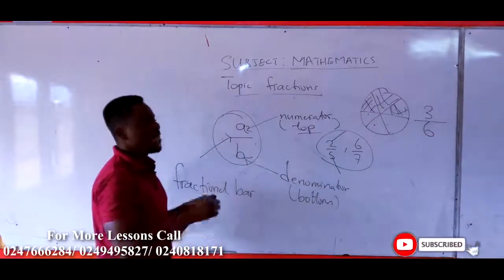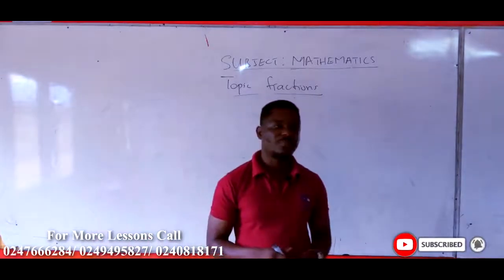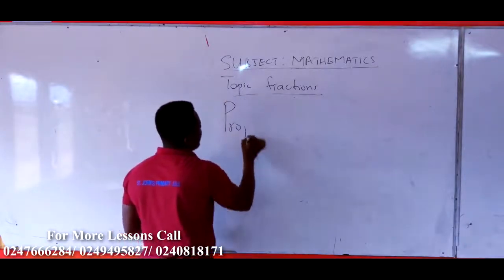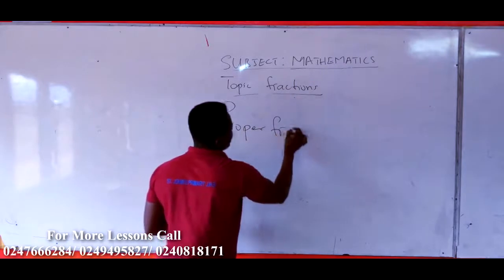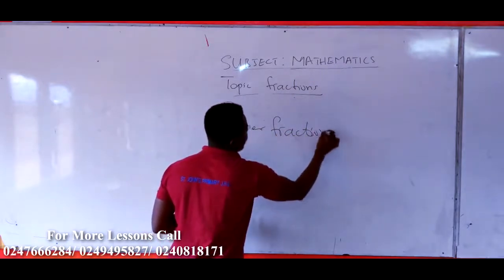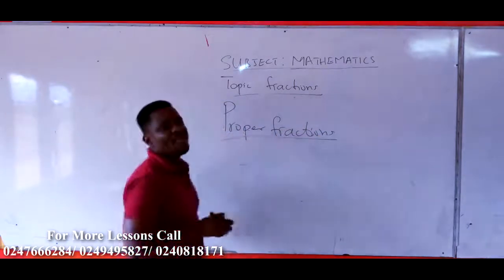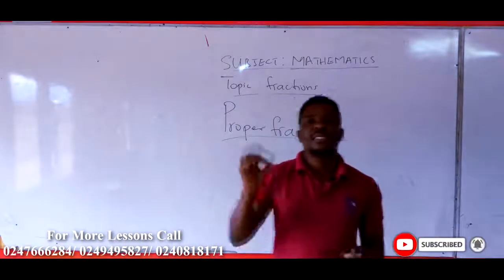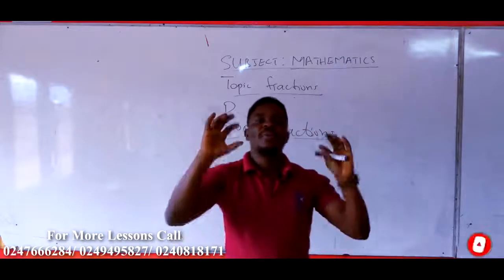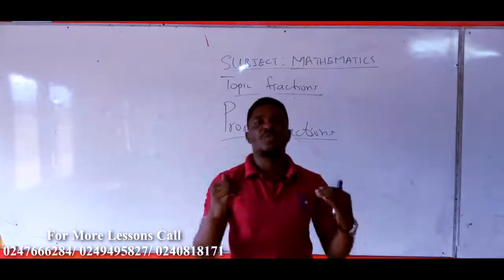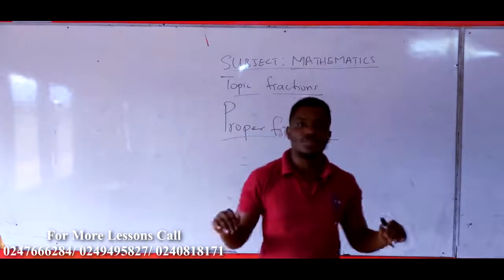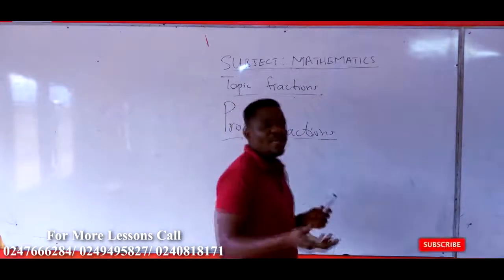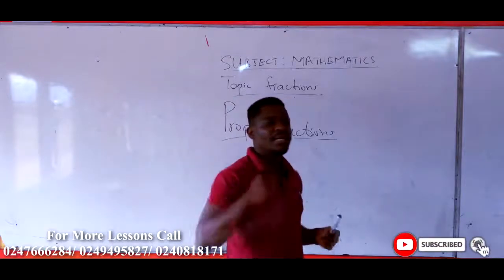Okay, good. So that's how we write fractions. Now the types of common fractions. The first one is proper fractions. When we say a fraction is a proper fraction, we only want to say that the numerator, the top number, is smaller than the bottom number, the denominator. In other words, the denominator is bigger than the numerator.